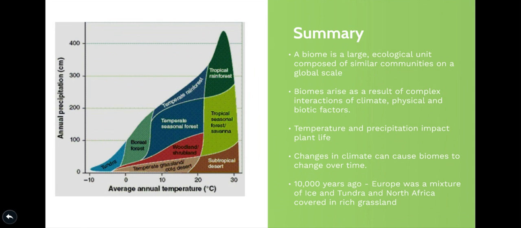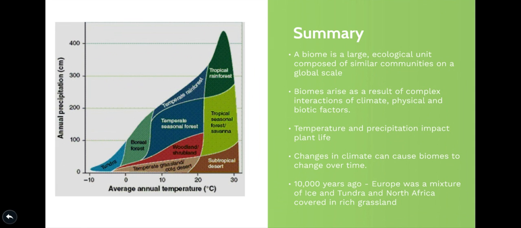Temperature and precipitation are really important in terms of plant life. So plants require heat, not too much, and they require water to photosynthesize. And it's the plants that sit at the base of every food web, which we're going to talk about later in this unit. Plants determine what lives where.